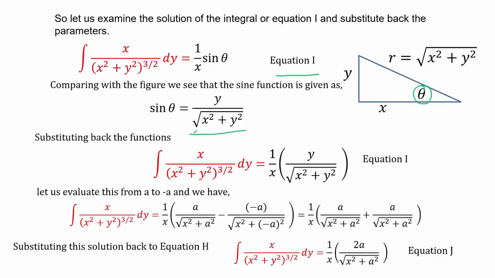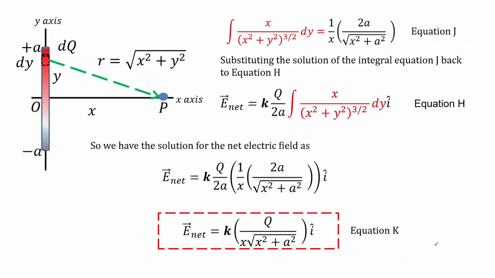Substituting back the functions, we get a modified equation I. We then evaluate this integral from -a to a, and we have the solution for the integral shown in equation J. We then substitute this back into the equation of the net electric field in equation H, and we arrive at the solution for the net electric field exerted by the charged rod onto a point P away from the rod, shown by equation K.